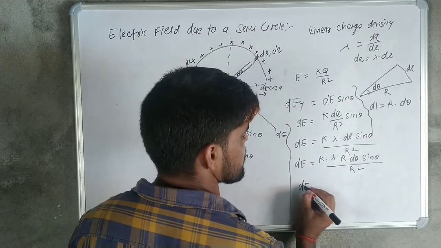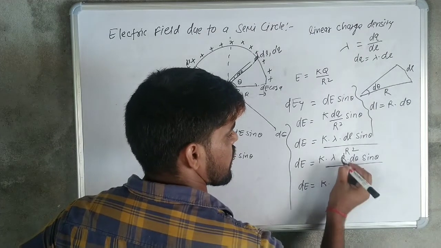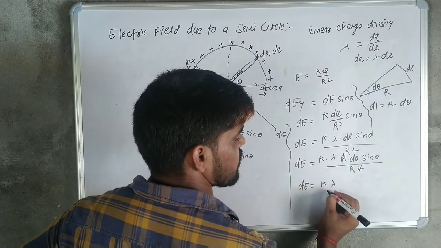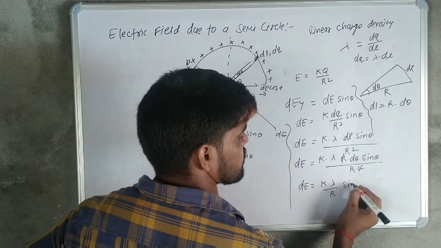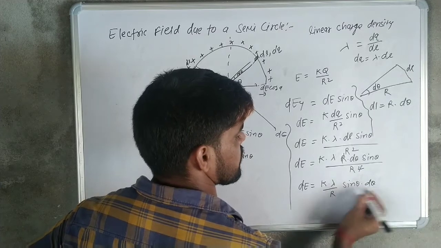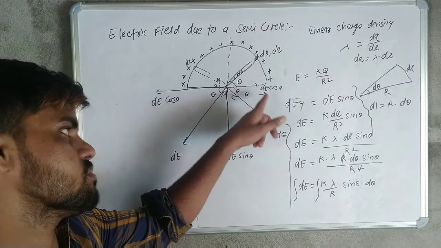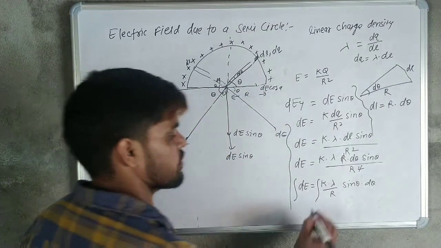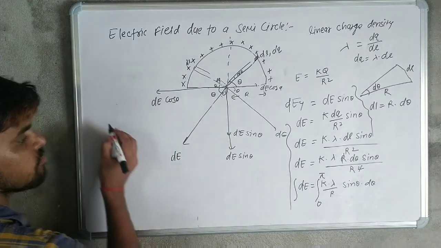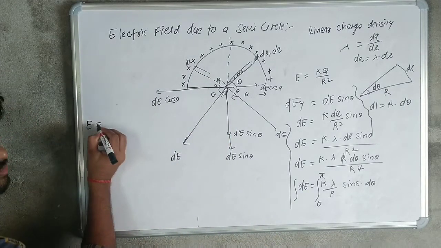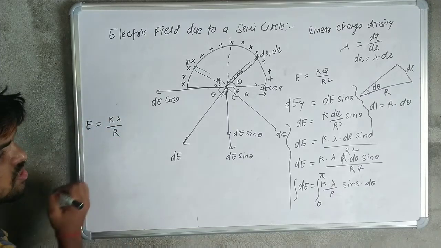The r and r cancel, so dE is equal to k lambda upon r into sin theta d theta.